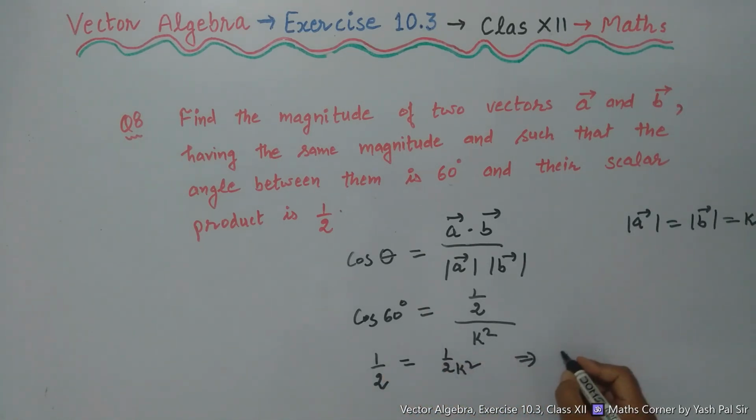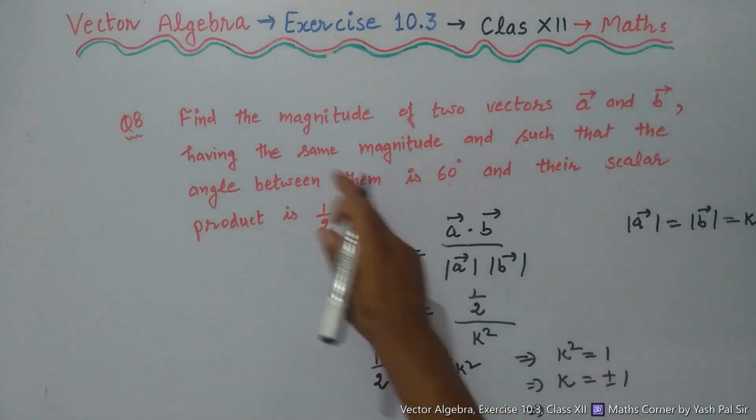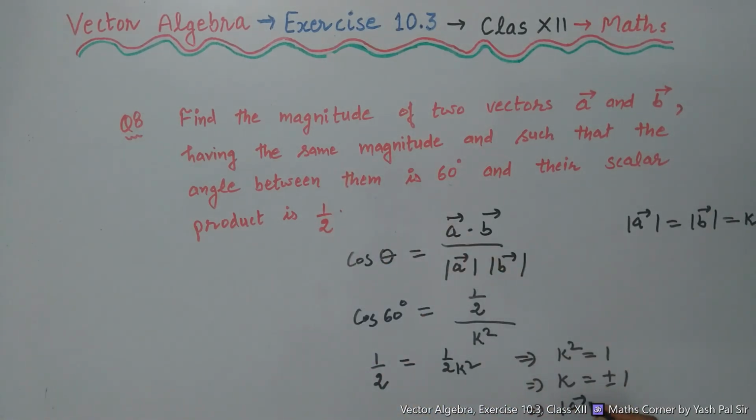So from here we have k square is equal to 1. So k value is plus minus 1. That is magnitude of vector A is equal to magnitude of vector B is equal to plus minus 1. But here we take only positive symbol. So the magnitude of vector A and vector B is equal to 1.